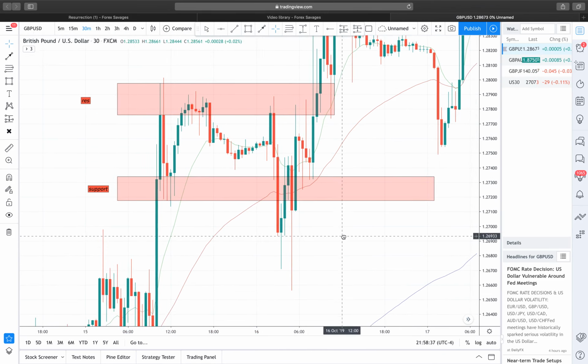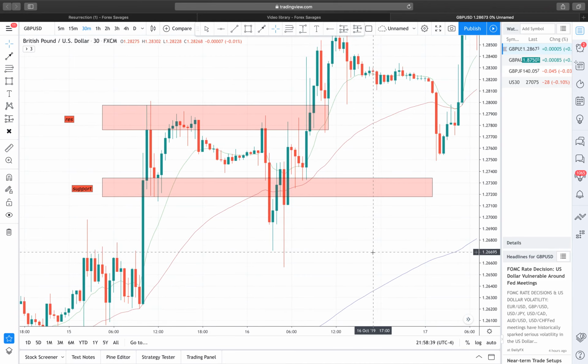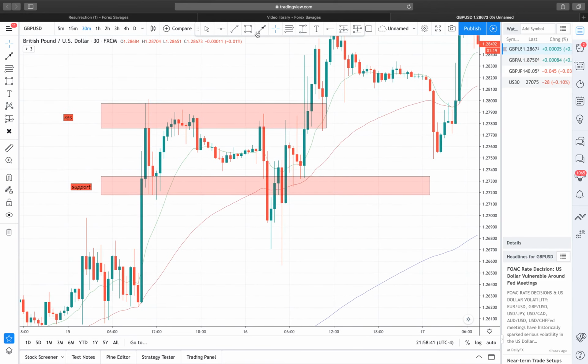So let me see if I can get you guys to understand this more clearly, just for new traders. This candle right here is the break that I'm looking for. We broke through our support, but on our next candle we went up and didn't touch our zone, which is this red zone.